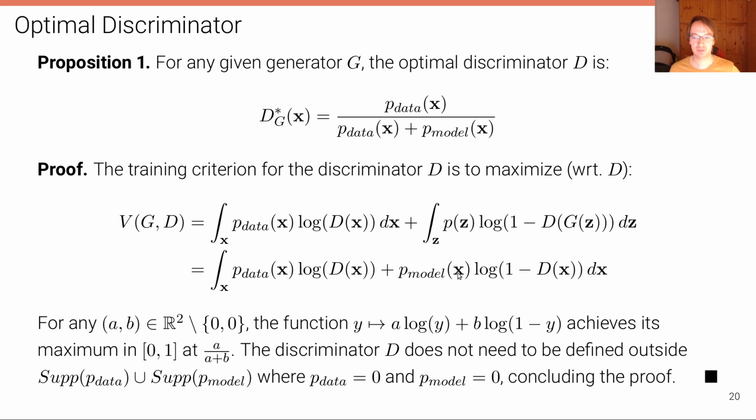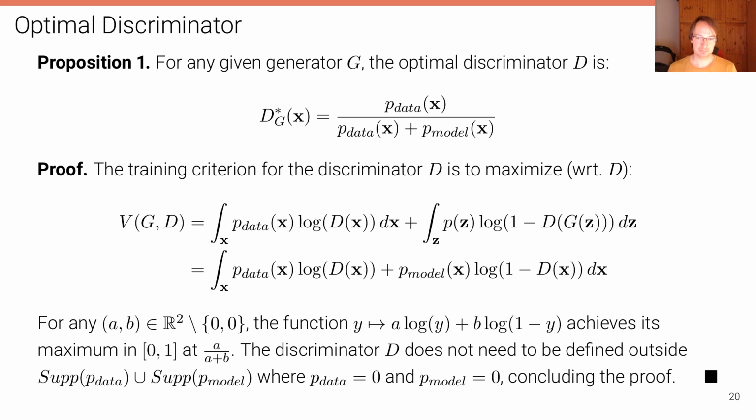So we have p model of X log 1 minus D of X, and because this is ranging over X now, we can write this as part of the same integral jointly with the first expression. Now going from here to here is non-trivial, and we're not going to cover it in this lecture, but this is a result from measure theory. So the equivalence of these two expressions is a result of measure theory.